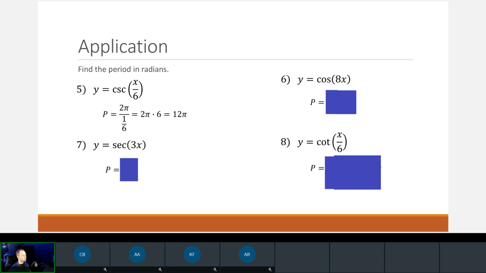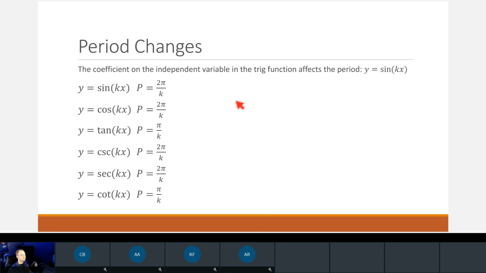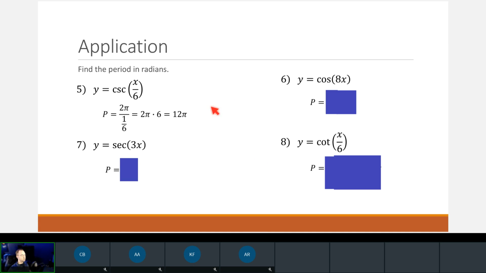Let's go back to the definition of period. The definition of the period is on this page, if you missed it. The period is the time it takes before the graph starts to repeat. So more specifically, if the period is 12 pi, it takes 12 pi before your graph starts to repeat, simply put.